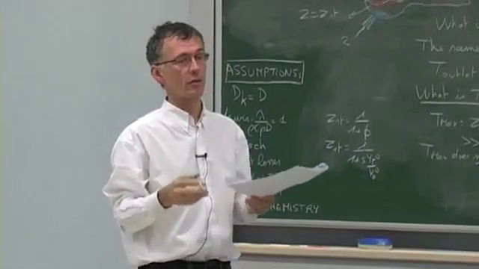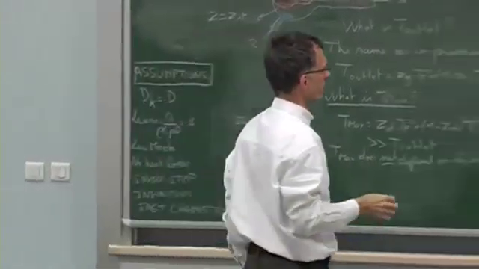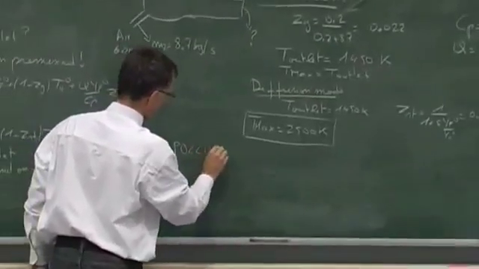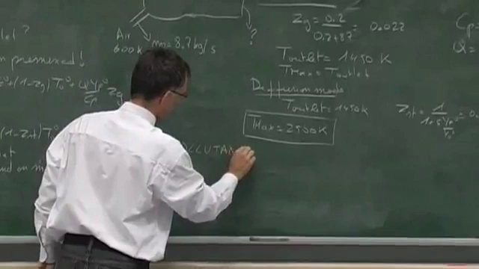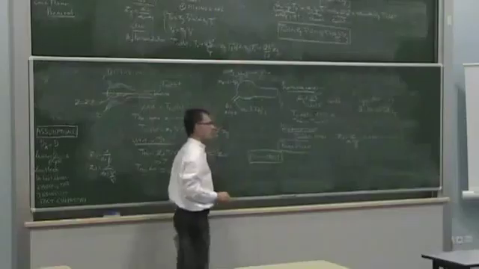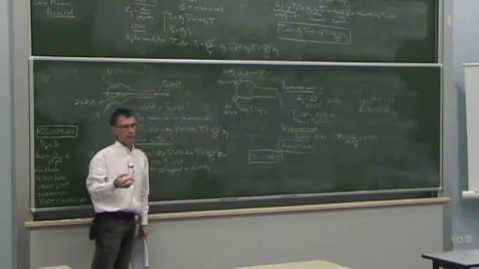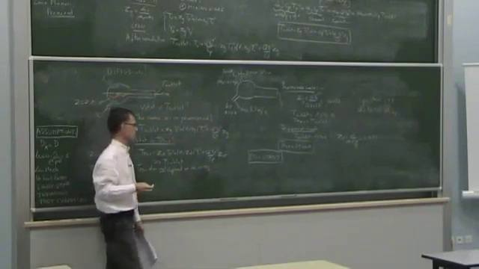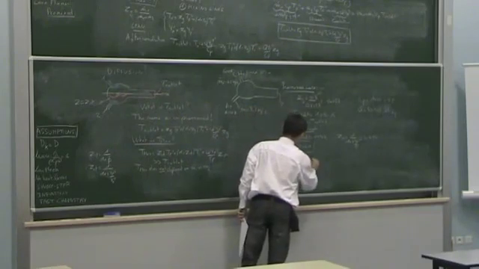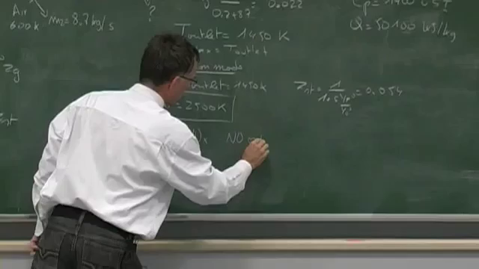The problem is different. The problem is pollutant. And there is, in particular, one specific problem with pollution, which is NO. So NO, we call it NOx, which means either NO or NO2.